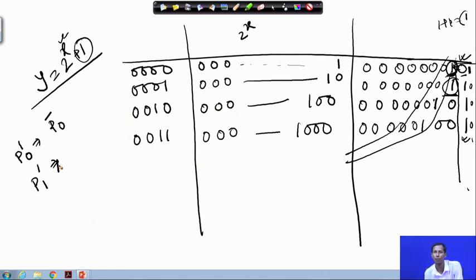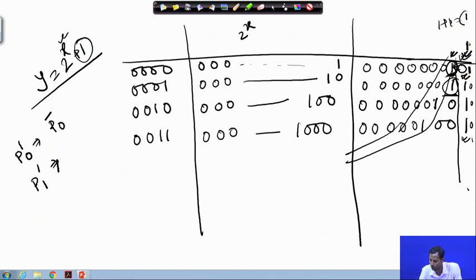P1 bar is dependent on the corresponding P1 and P0 values.